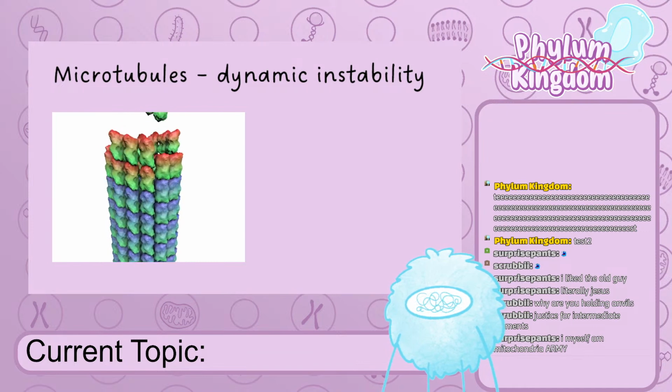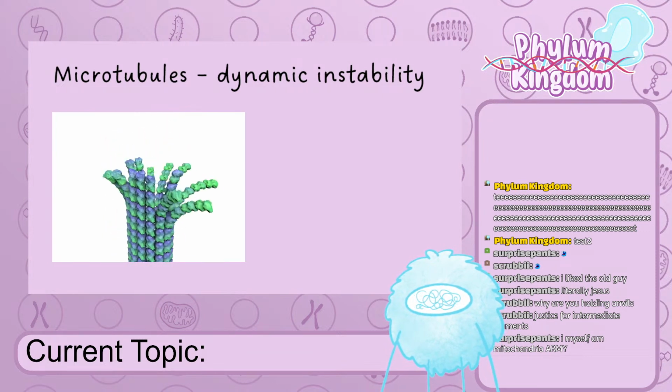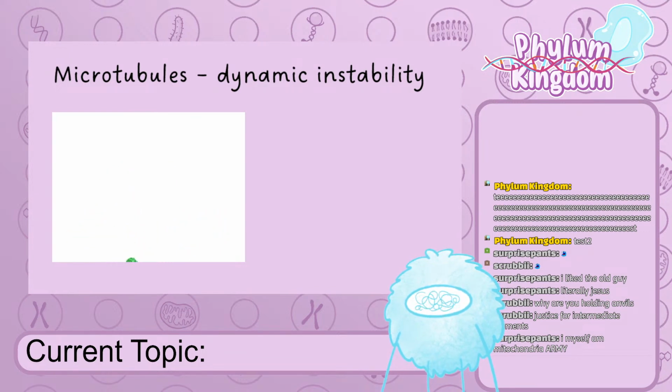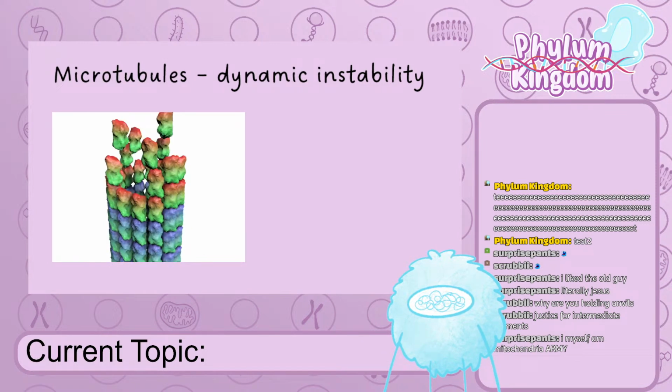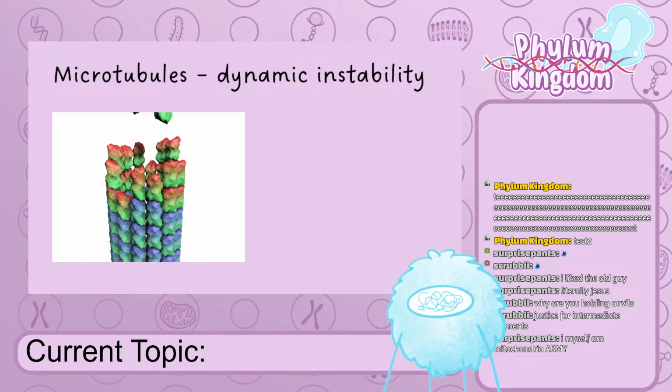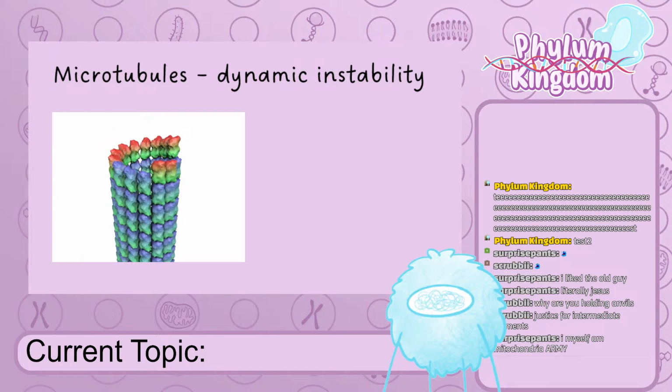This is called dynamic instability because the components of the microtubules are stable when they are bound to one another, and they actually hydrolyze ATP, a unit of energy, to form ADP. And when that protein is bound to ADP, it is stable if it is sandwiched in between its other components.